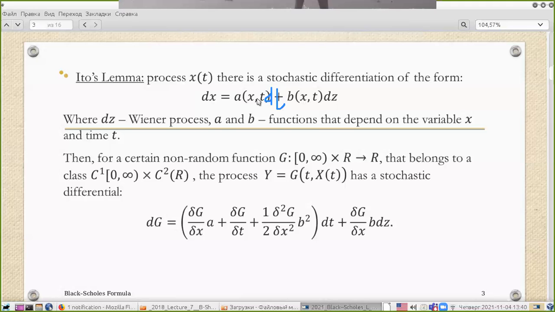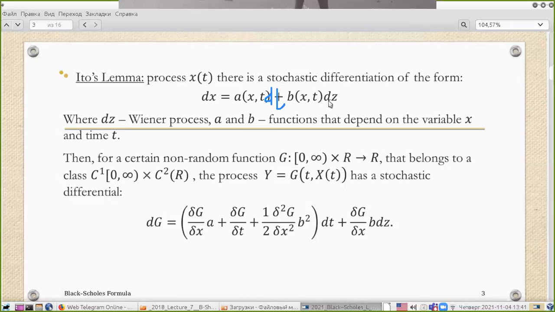On the right side you see two terms. The first is the function a, which depends on x, this process, and t, time, times dt, plus the function b, which depends on x and t, times dz.